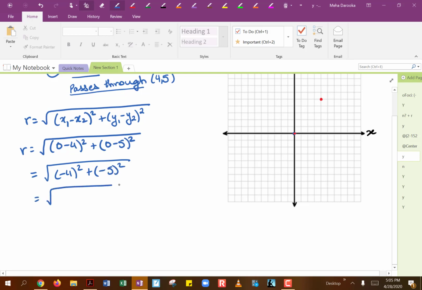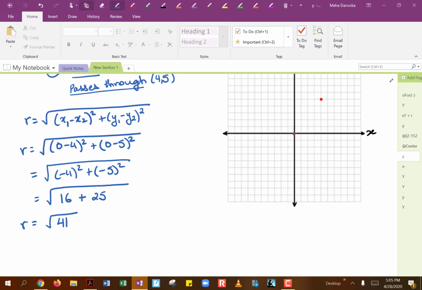Of course, negative times negative will become positive, so negative 4 squared will become positive 16, negative 5 squared will become positive 25, and when we add 16 plus 25 together, we'll get square root of 41.